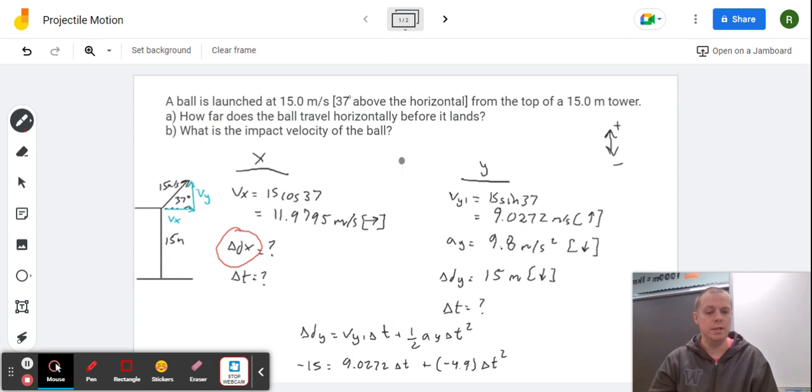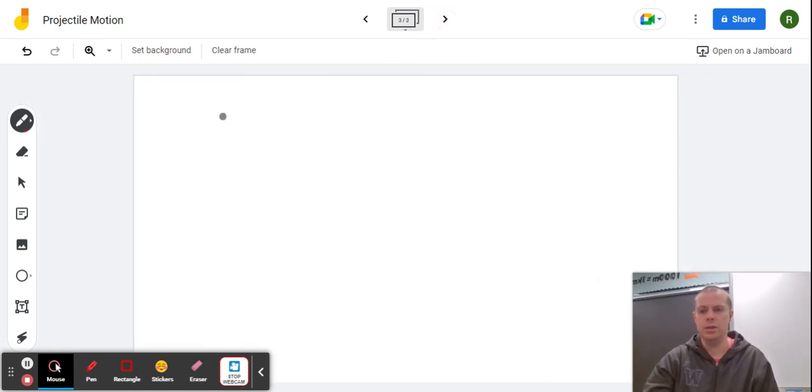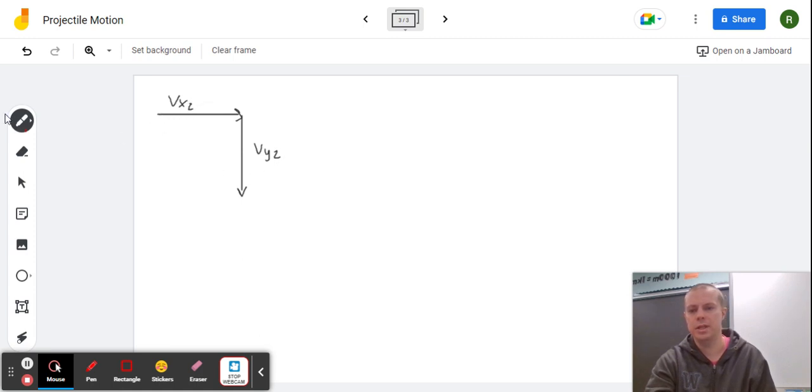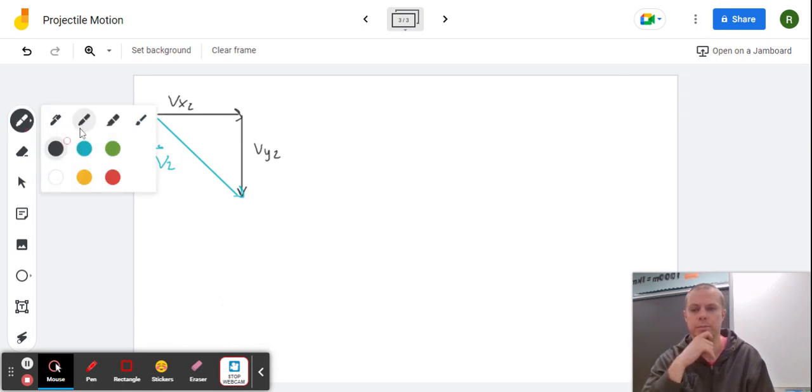So what we need for this one is, we have Vx, okay, and we have Vy2, right? And when we put these together, this will give us our V2 vector, whatever it's going to be.